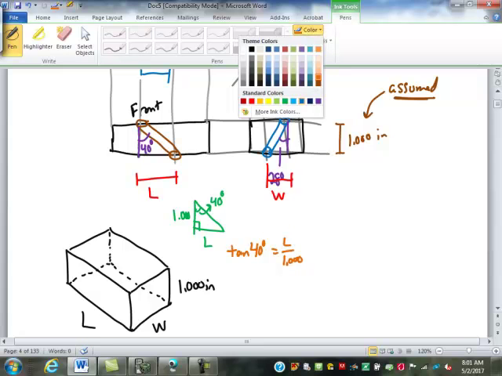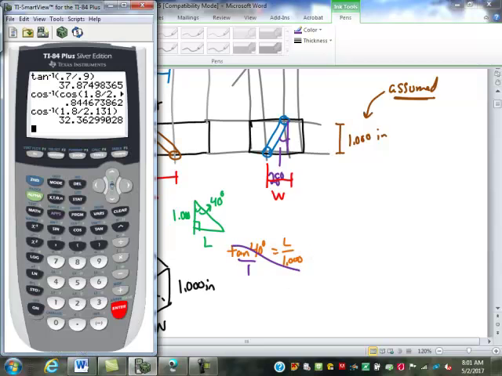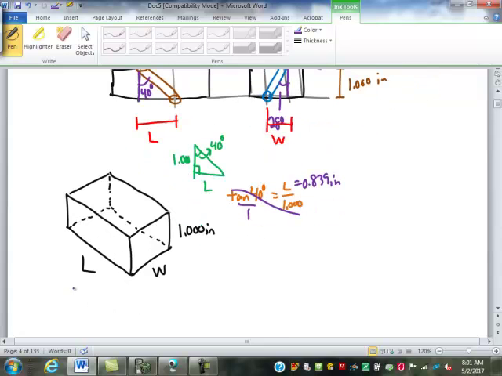So I'm going to put tangent of 40 over 1 so I can cross multiply and divide here. So I have tangent of 40 times my 1 divided by 1. I get 0.839 as my length. So I'm going to come down here and label this 0.839 inches.